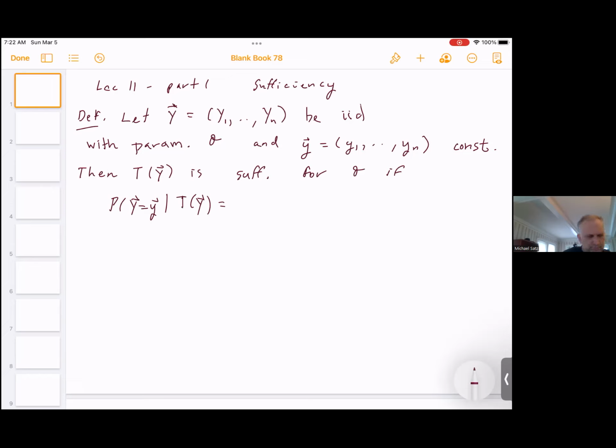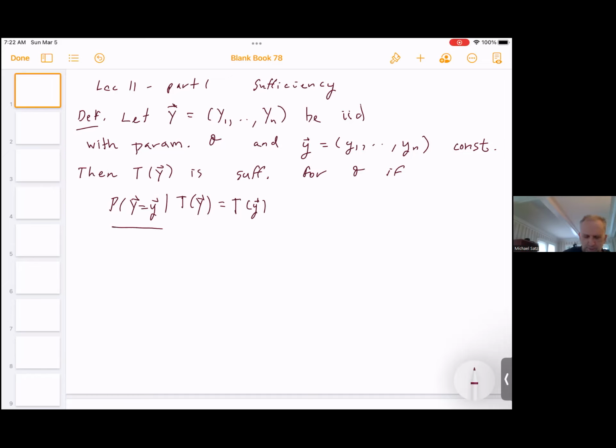I could put anything here, but you see that if y is going to be equal to little y, then t of capital Y has to be equal to t of little y. So this is the only possible value for the statistic if this condition is going to be true.